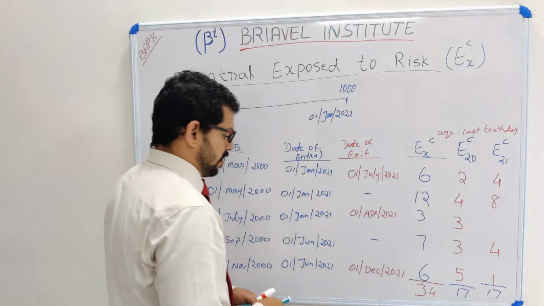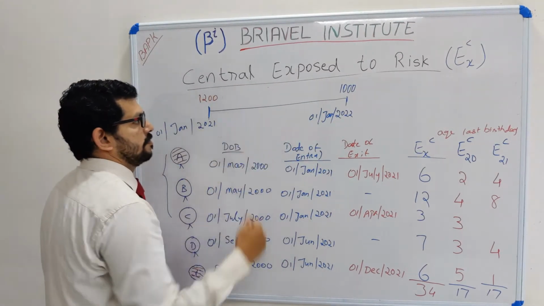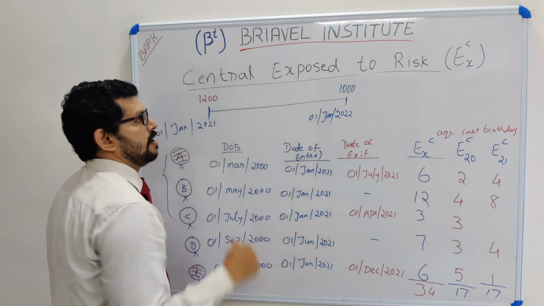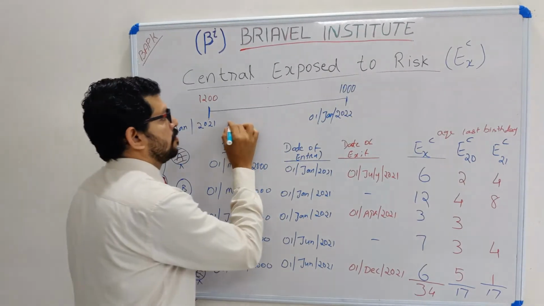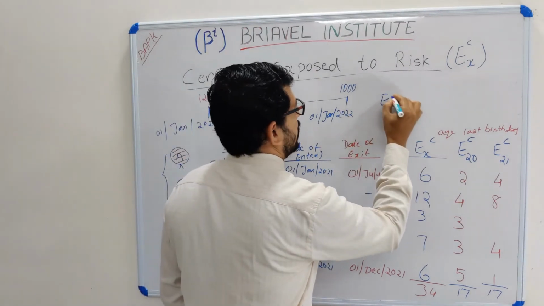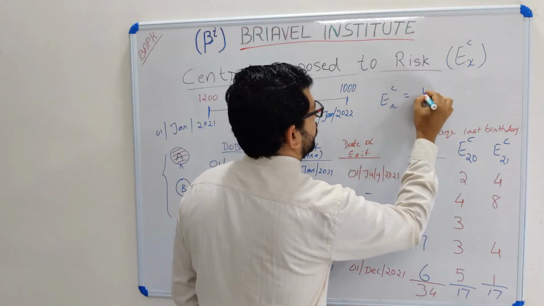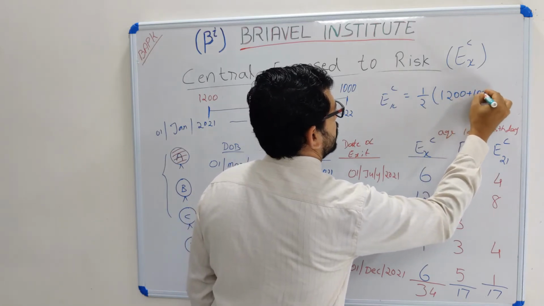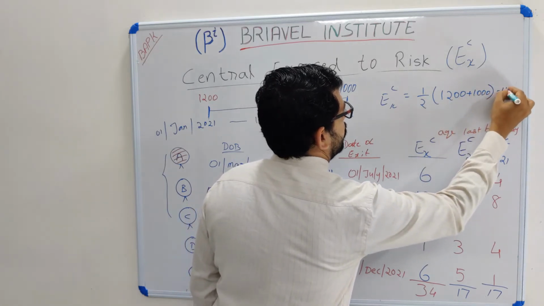So now we can calculate only the average. For central exposed to risk we can take only the average. This is a one year period. We take the average, 1 by 2 of 1,200 plus 1,000, which equals 1,100.